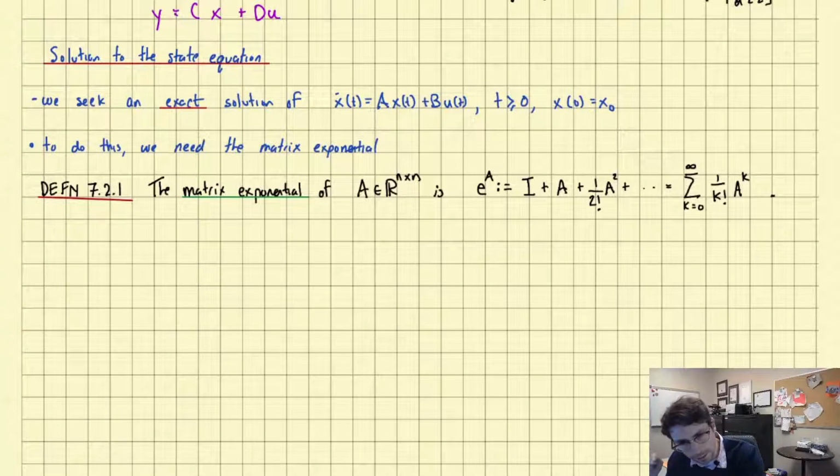Okay, again, I'm not going to go over the derivation in class. You can look at it in the notes if you're interested. But it turns out that if I use this matrix exponential, I can get an exact form of the solution of that differential equation.